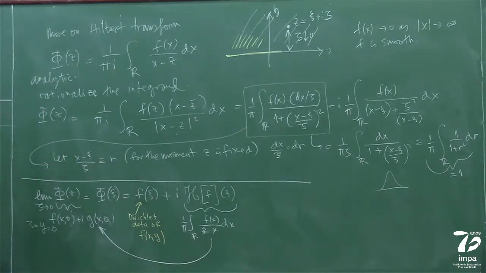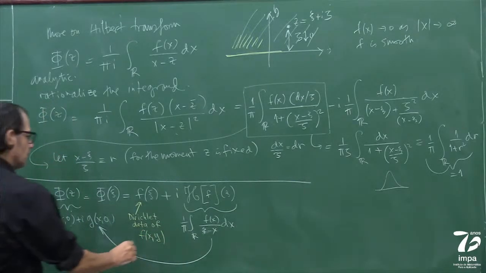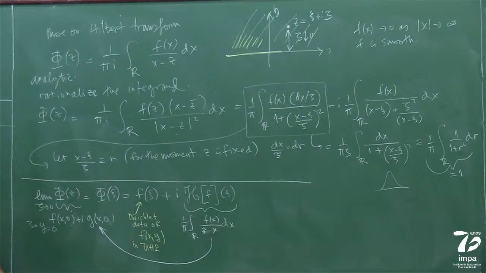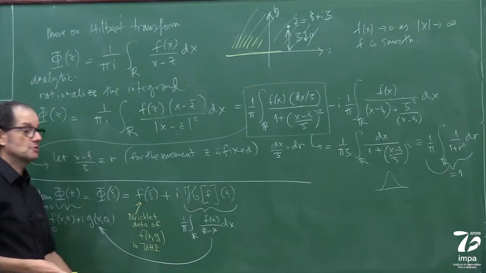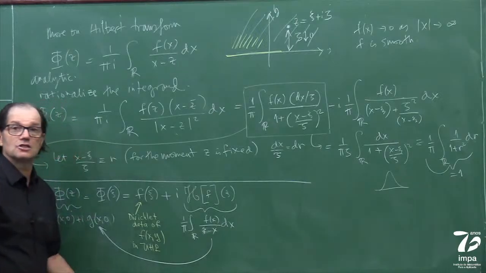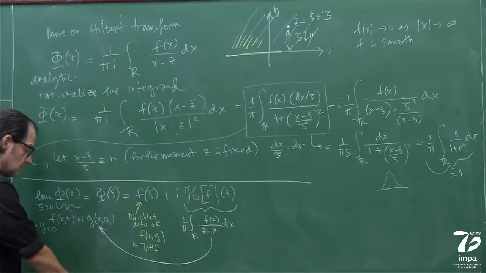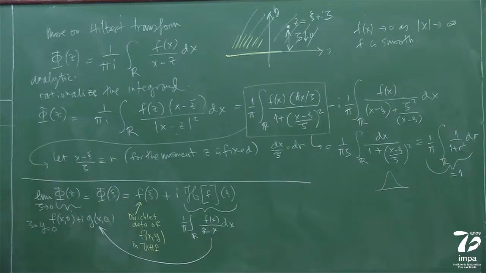Of this harmonic function in the upper half plane. And the Hilbert transform takes that Dirichlet data, the trace, onto the trace of its harmonic conjugate. Okay? So that's a very nice property, right?